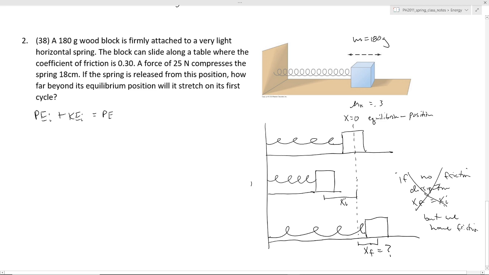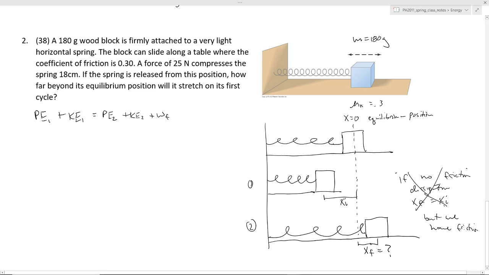Let's call this 1 and 2, just so we can keep track. I think it's nice to do this when we have multiple steps, like what I did above. The potential energy and kinetic energy initial at 1 is going to equal the potential energy plus kinetic energy at 2 plus the work that's gone into friction.